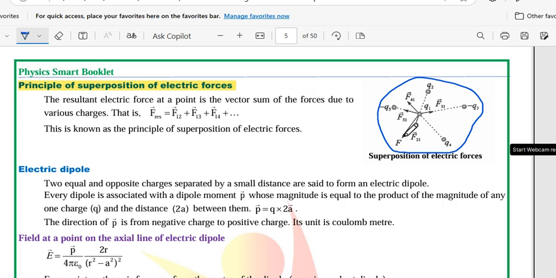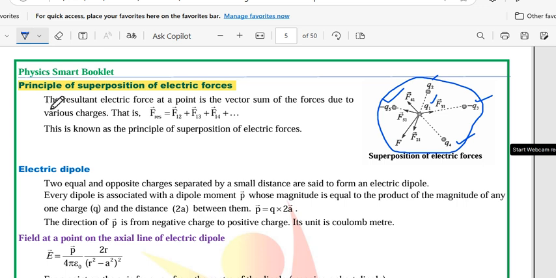Consider a system that contains n charges, for example q1, q2, minus q3, q4, minus q5, and so on. Let us consider the force acting on the q1 charge due to q2, q3, up to qn.